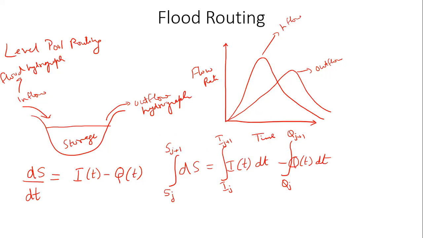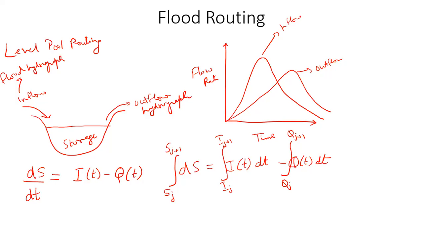Now, if you take j equal to 0, you can solve for the first time step. So I'm writing this equation as a general one, but naturally, at time t equal to 0, you know the qj. So you can always solve for qj plus 1 and then iterate, then that becomes your qj, and then you solve for the next time step qj plus 1 and so on, right?